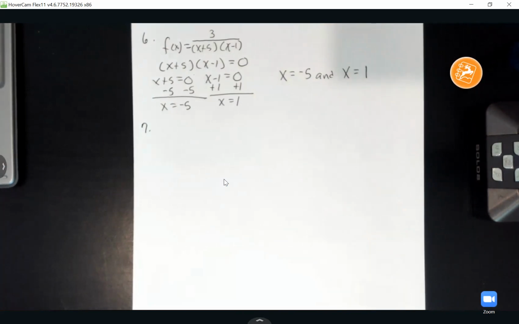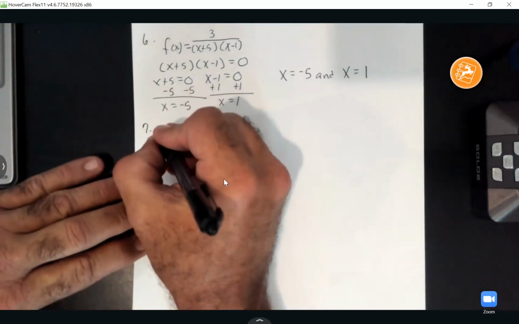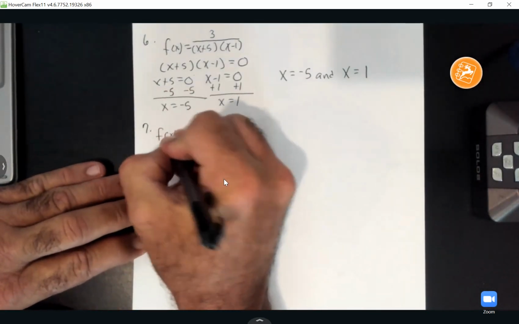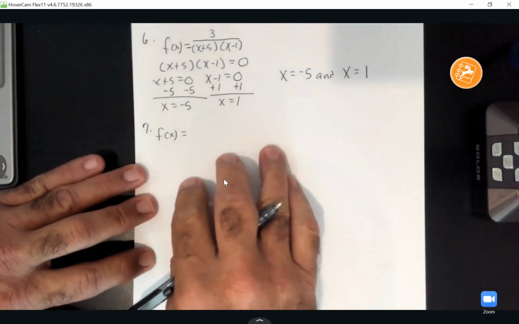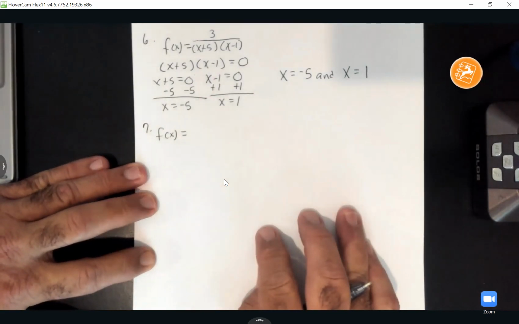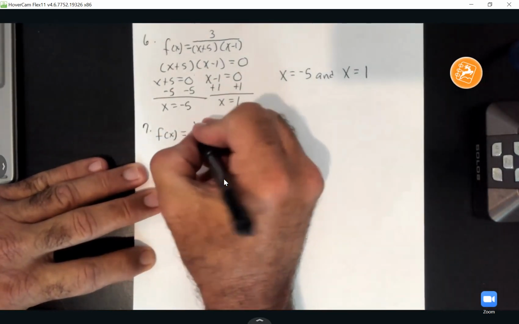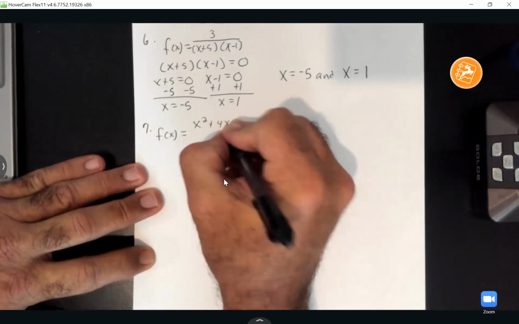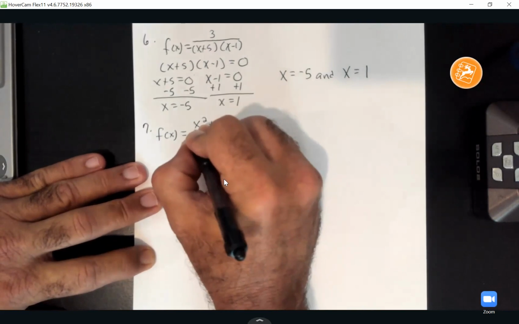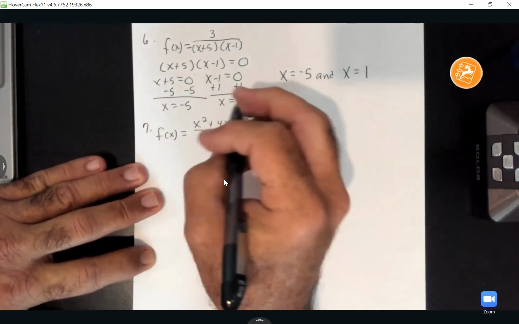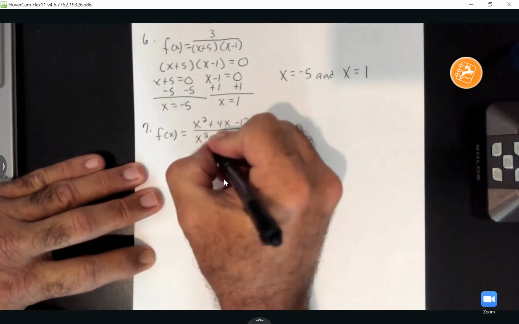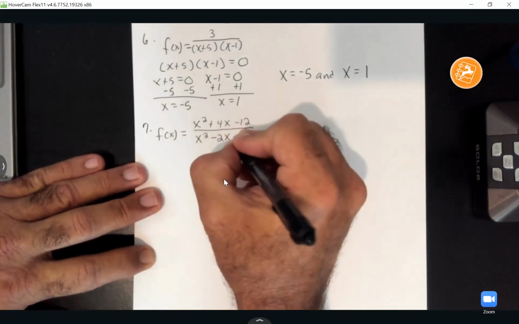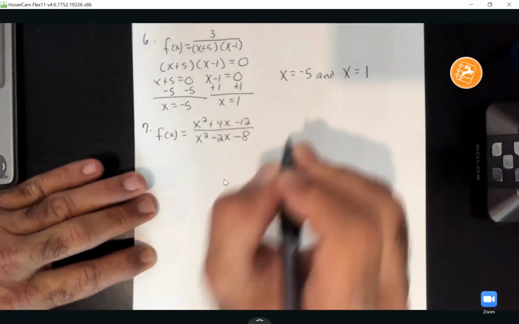All righty, so let me see what we got here on this number 7. So this one has f of x. Now this will be our last one for the vertical asymptotes, okay? This one has on top x squared plus 4x minus 12 over x squared minus 2x minus 8.